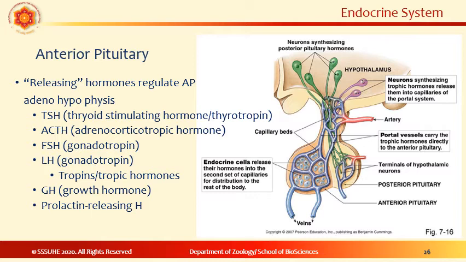The portal system connects the hypothalamus to the anterior pituitary gland. These portal vessels then carry the trophic hormones directly to the anterior pituitary. And from the anterior pituitary, a second set of hormones is released into the blood for distribution to the target glands.